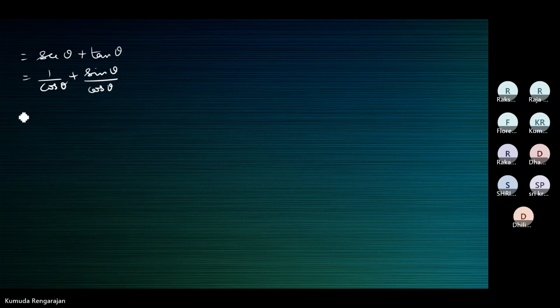Now we are left with secant theta plus tan theta. So secant theta is 1 by cos theta, tan theta is sin theta by cos theta. Cos theta common denominator, 1 plus sin theta, which is also the RHS.